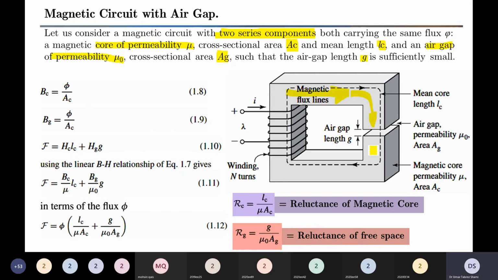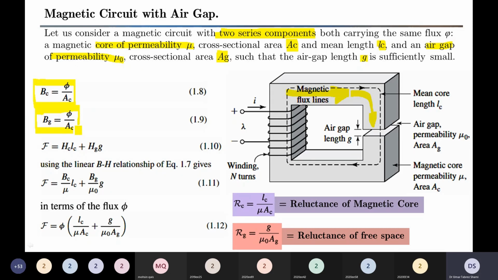Now, for this given diagram, what is the flux density in the core and what is the flux density in the air gap? The flux density in the core is defined by BC, that is, the total flux phi divided by the area of the core. And the flux density in the air gap is defined by phi over AC.